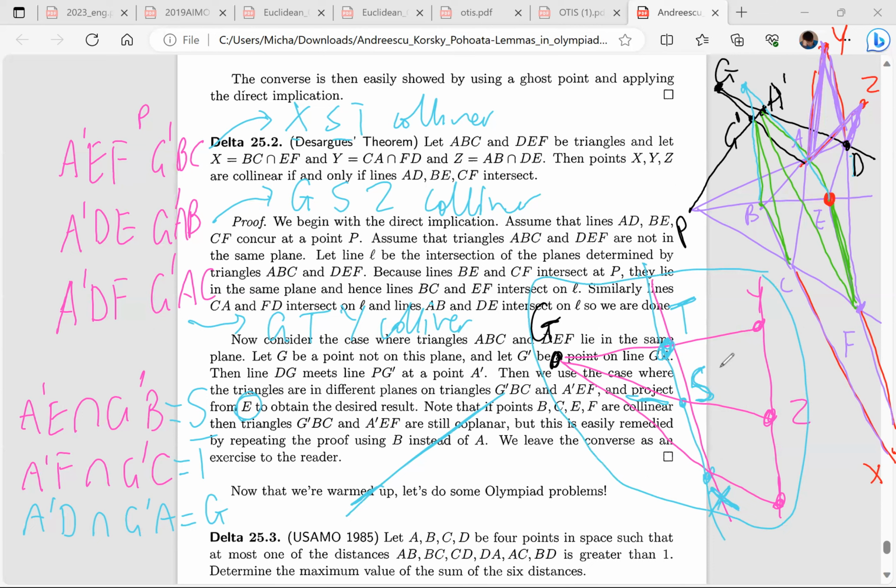We also know that T goes to Y in the projection because G, T, and Y are collinear, and S goes to Z because G, S, and Z are collinear. And then the crazy thing is that the projection takes X to X, because X is on the same plane as Y and Z, so it has to fix X because you're projecting onto the plane. And therefore X, Y, and Z are collinear.